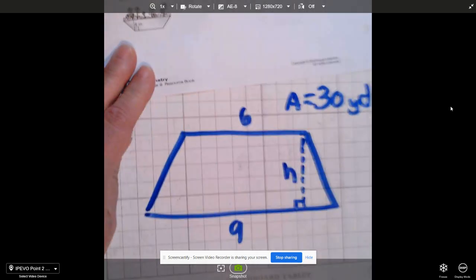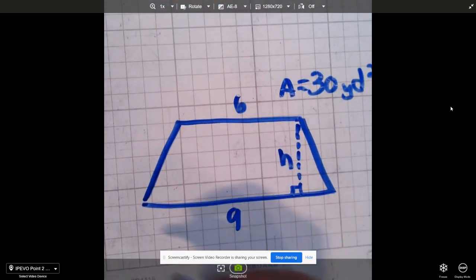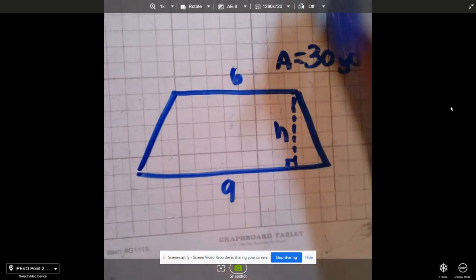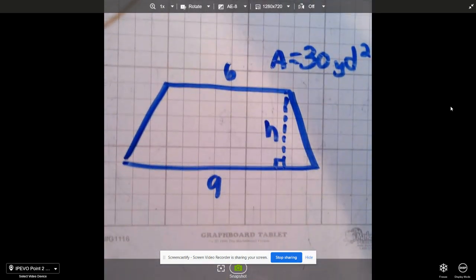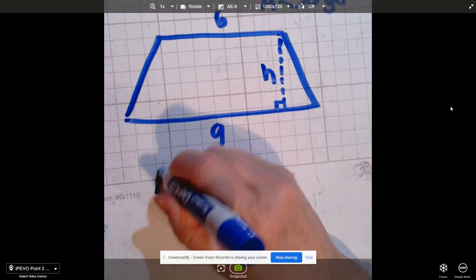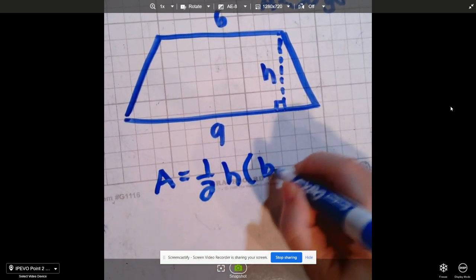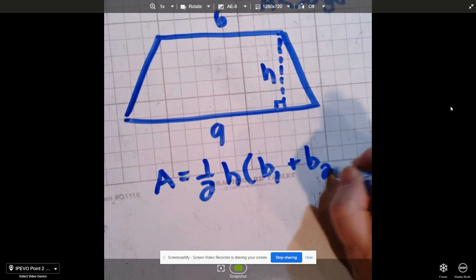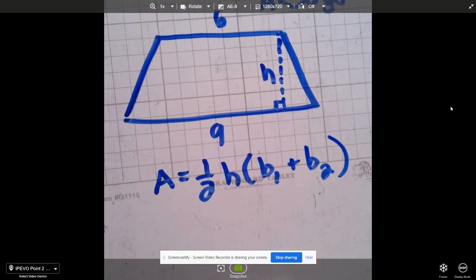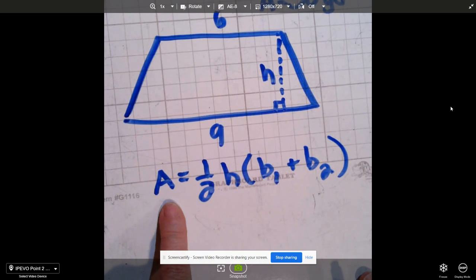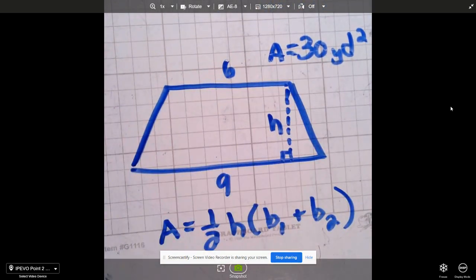So if you write down your formula for this, you know your area. I'm going to drop some things here. Here we go. Area equals 1/2 the height times B1 plus B2. So now just fill in everything you know. Well, I know the area because they gave that to me, so that's 30.